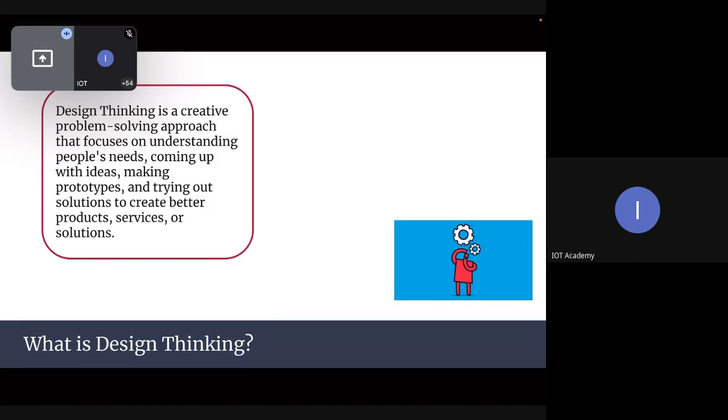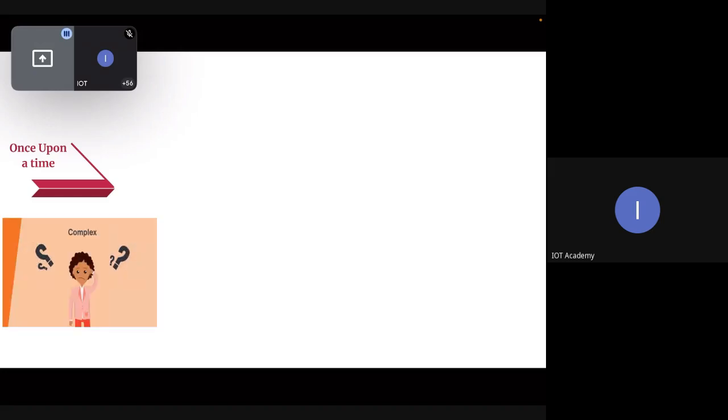Now, to give you some context to the historical development of design thinking, let me tell you a story. Once upon a time, in the mid 20th century, there was a world that seemed very simple yet faced complex problems and challenges.